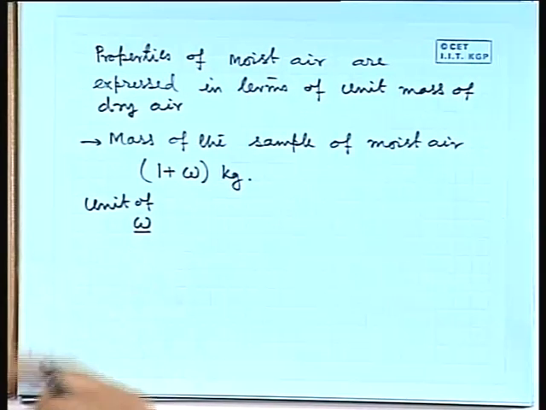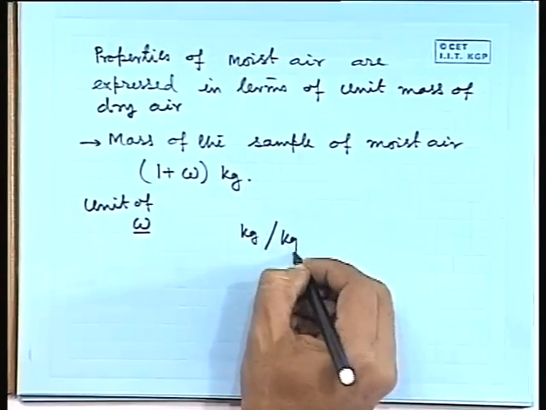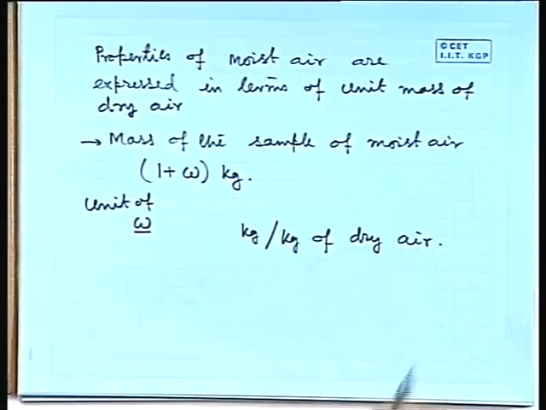Now, if we express it in kg per kg of dry air, then the number becomes very small. So, sometimes it is expressed in grams of water vapor per kg of dry air. So, let us stop here and take a small break, then again we will start.